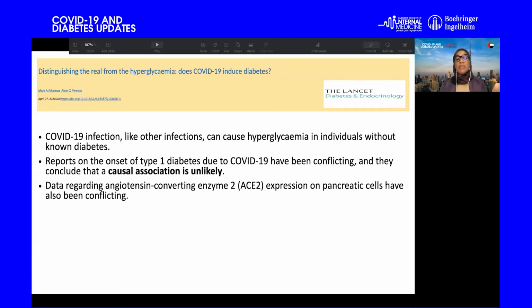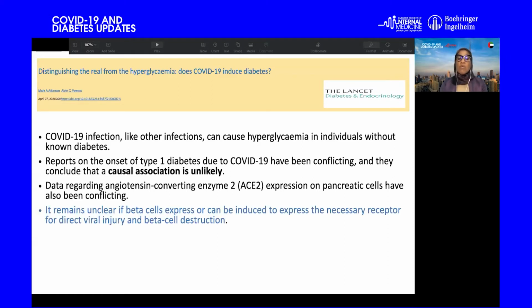The data around ACE2 expression on the pancreatic cells has also been quite unclear. Also, we're not really sure whether the beta cells express, or can be induced to express, the necessary receptors for direct viral injury and therefore lead to beta cell destruction.